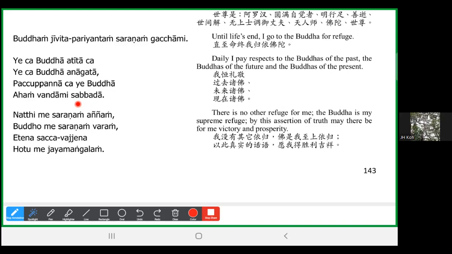Sabba is all. Very easy, right? And what is tada? What is this da? Hui Ling, please try. What's the meaning of da here?